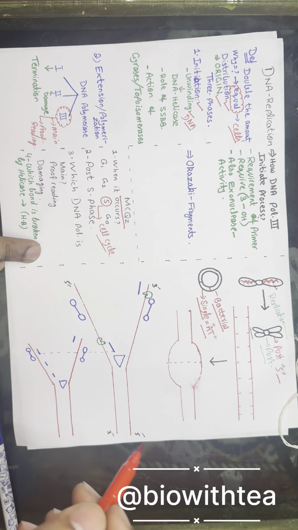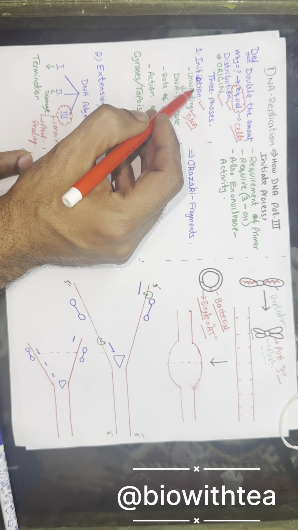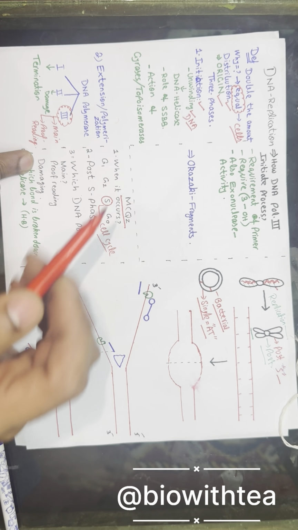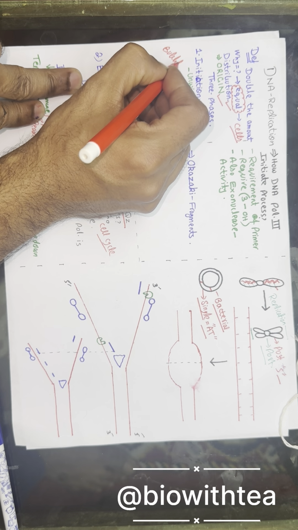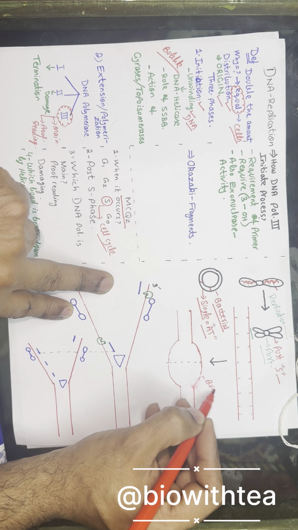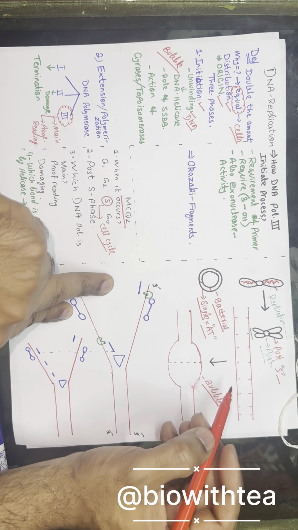Okay, now the replication will be started. How? During the initiation, the replication bubble is formed. What do you mean by this bubble? This is the bubble. Have you noticed something?